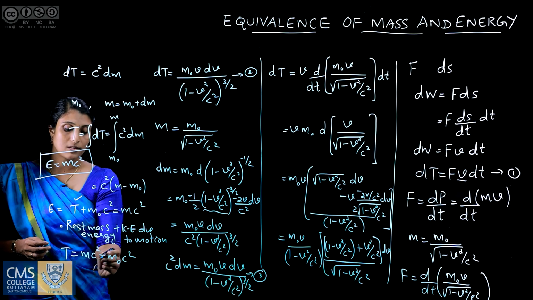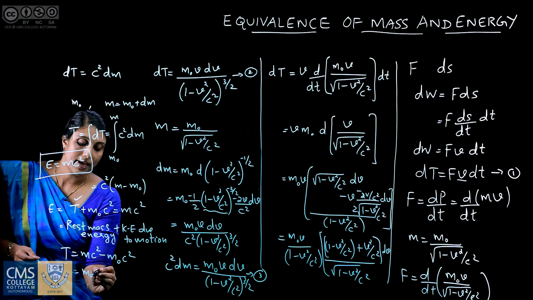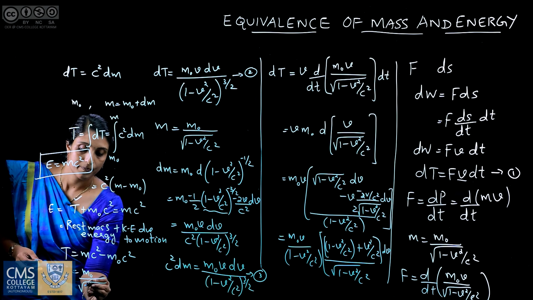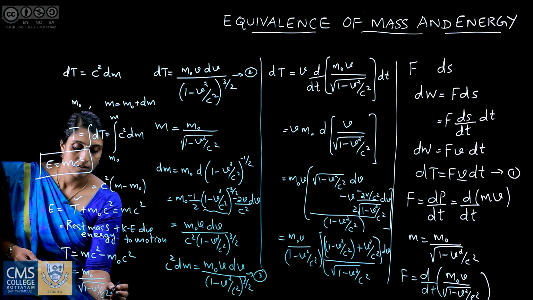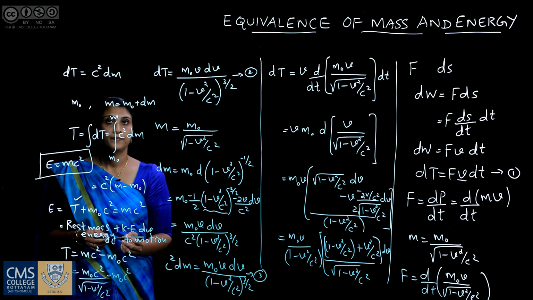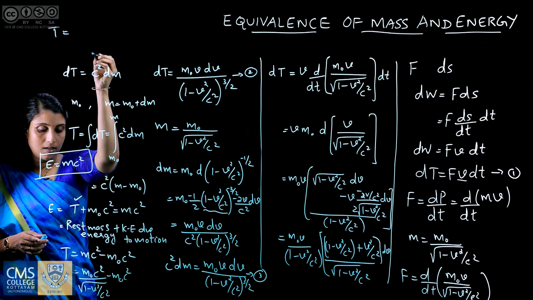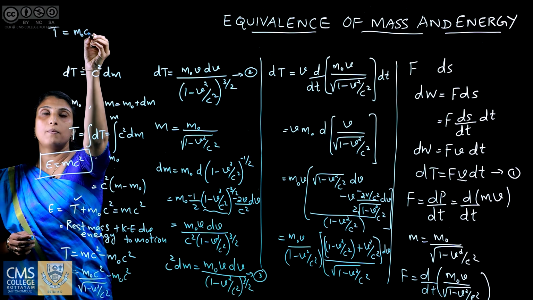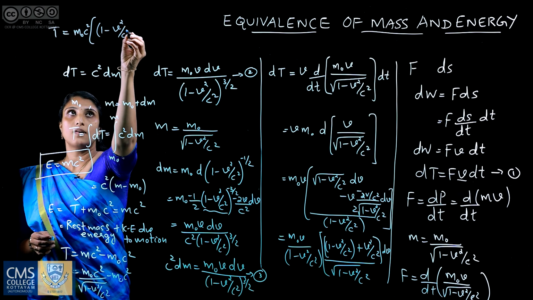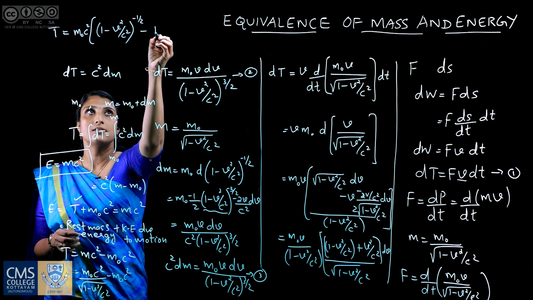Here T equals m c square minus m0 c square, where m equals m0 by root of 1 minus v square by c square, into c square minus m0 c square. Now, we have T equals m0 c square, on taking m0 c square common, into 1 minus v square by c square whole raised to minus half, minus 1.